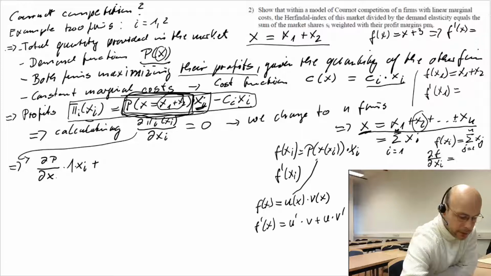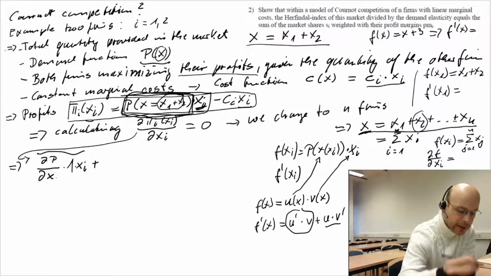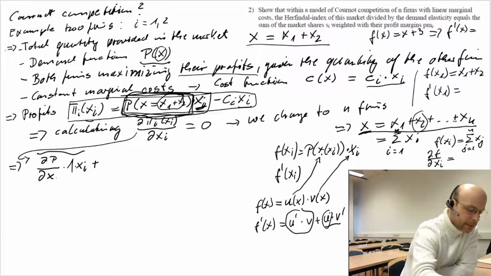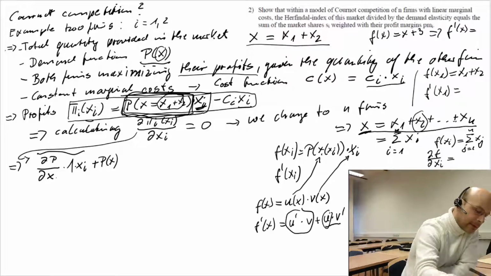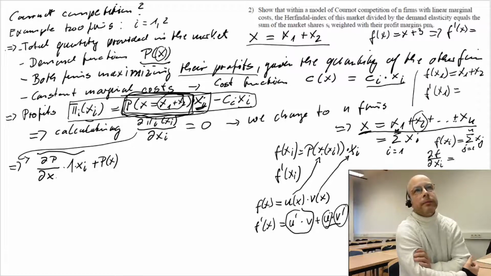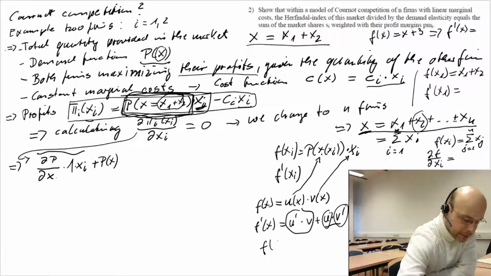So u is p and v is xi. So this first part we already have here, and now we need the second part. So u itself, so p of x, and then v prime, so f of xi equals xi, and what is f prime of xi?